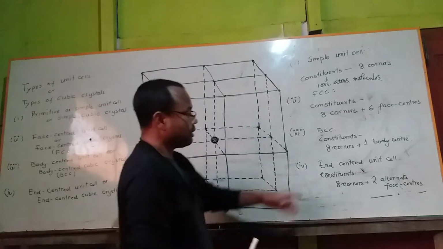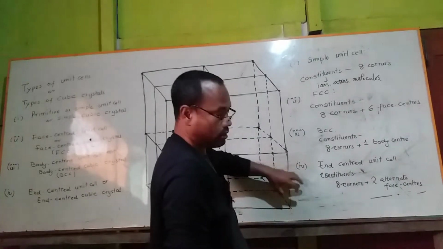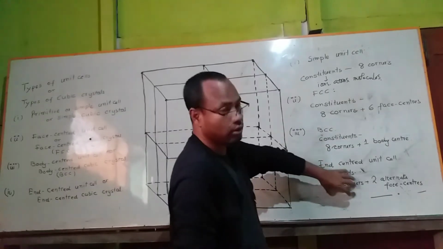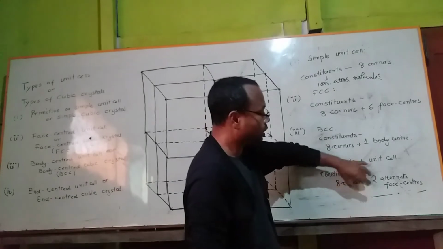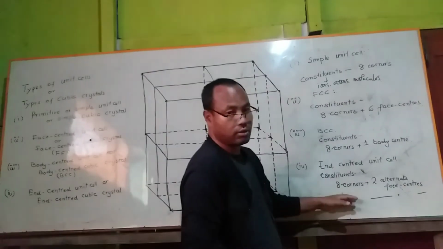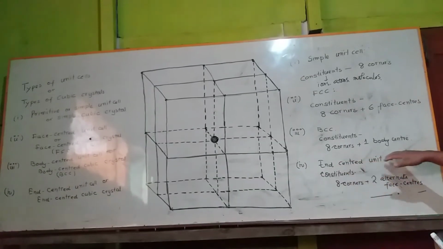So in the end centered unit cell, the constituents are present at all 8 corners as well as the 2 alternate face centers. Remember, this type of unit cell is called the end centered unit cell.